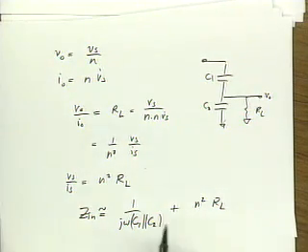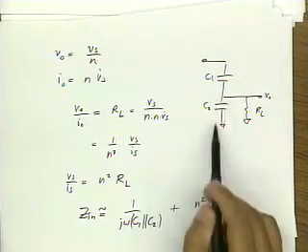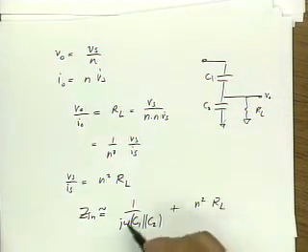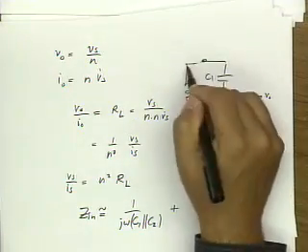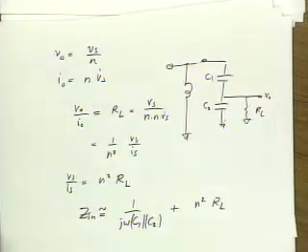Okay? And this is kind of inconvenient, right? Unless these capacitors are really small, this is inconvenient, so we could always tune this out by putting a big capacitor here, big inductor here, to tune out that part. So this is a very simple way to build an impedance matching network.